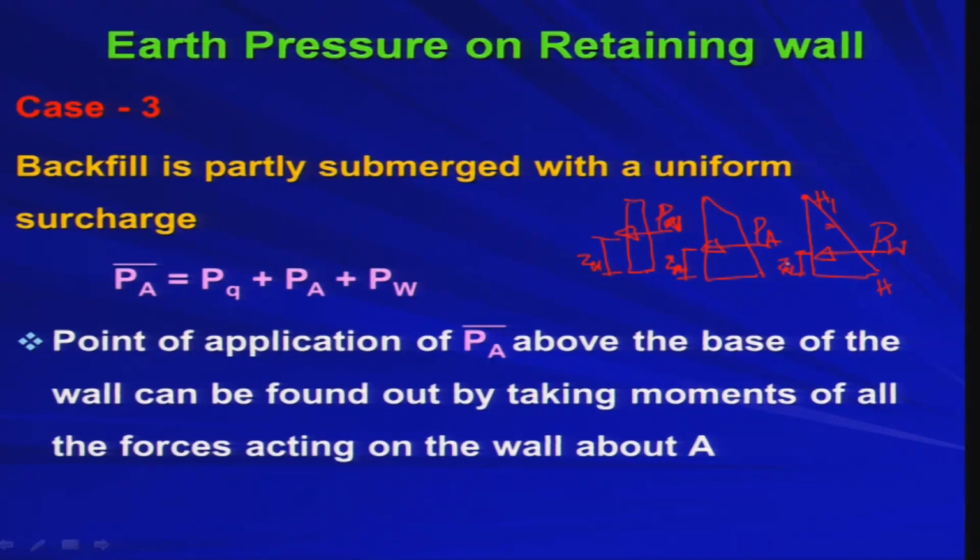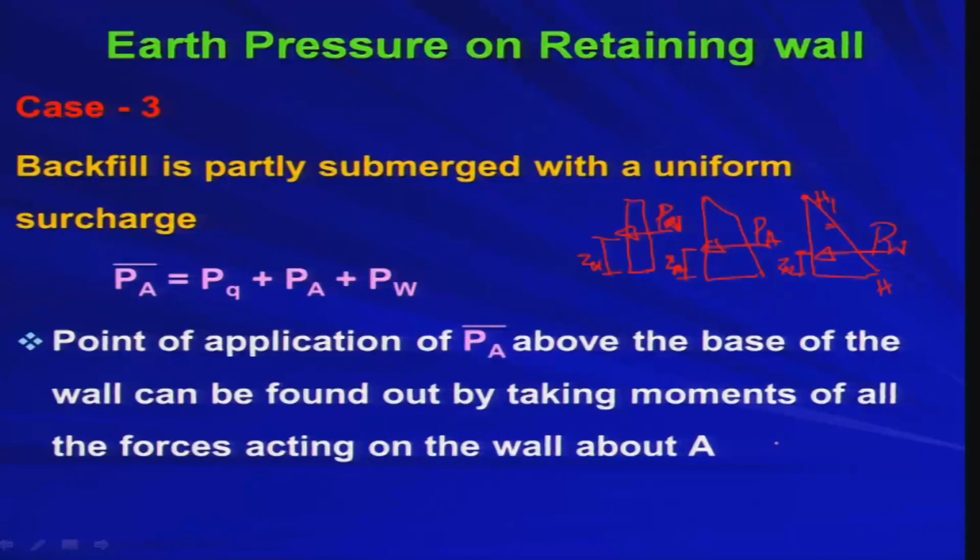If you know the distances, the point of application of each individual force, you can find out the point of application of the total thrust Pa bar by considering the moment with respect to the base of the wall. And you can say, okay, this is my wall, Pa bar is acting here, which is a distance Z. So, Z can be calculated by taking the moment with respect to the base of the wall.